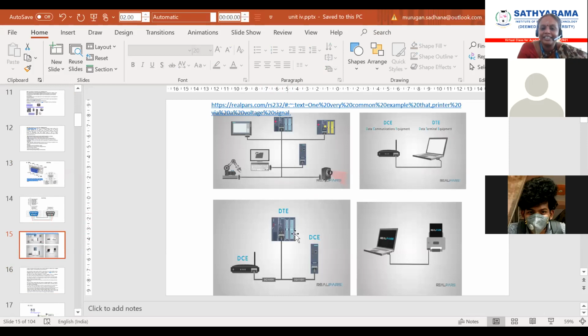DTE is data terminal equipment, DCE is data communication equipment. To connect the system with my modem, or my PLC, or my printer, I will use it. So mainly to connect the computer and modem, the RS-232 cable is used. But now we are all moving on to LAN, that is Wi-Fi connections. Initially, to connect the system and modem, we used RS-232 and RS-485.